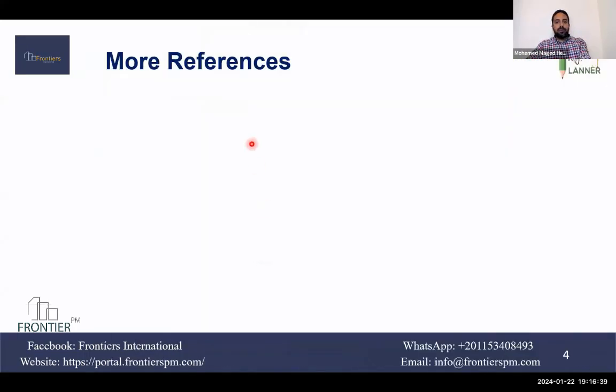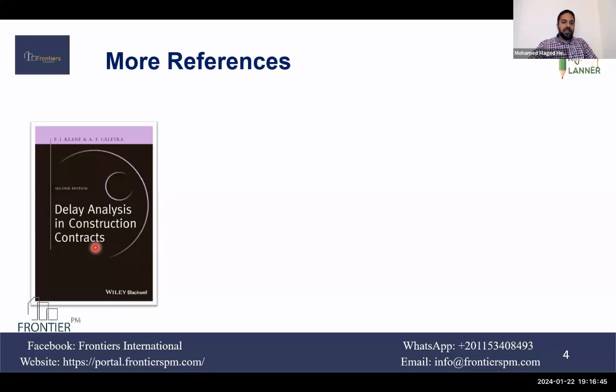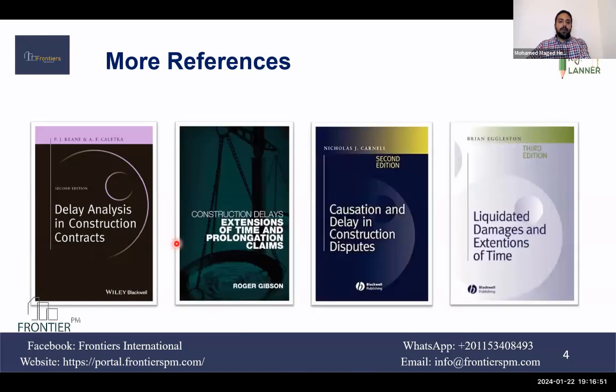We'll not only use these references, there are additional references we're going to use and open also today. Delay analysis and construction contracts, construction delays, extensions of time and prolongation claims, causation and delay in construction disputes, liquidated damages, and extension of time.